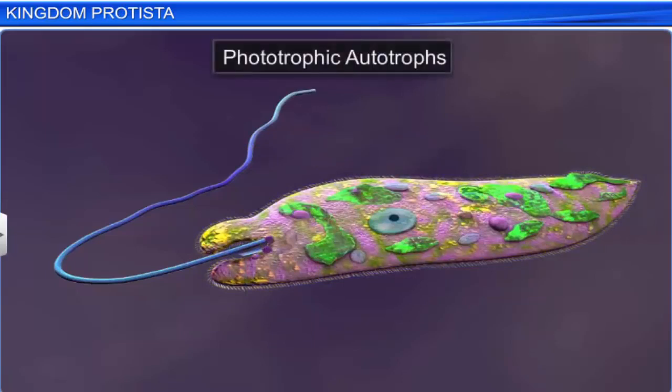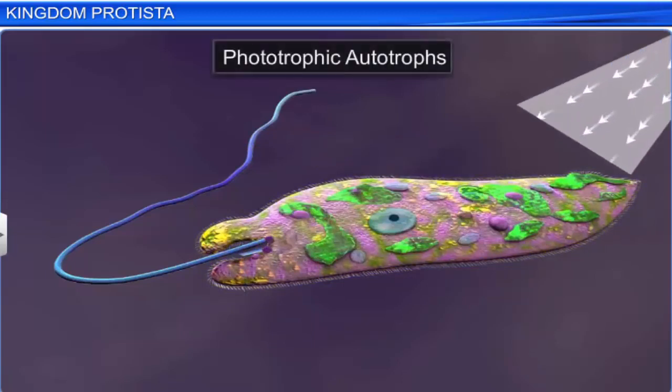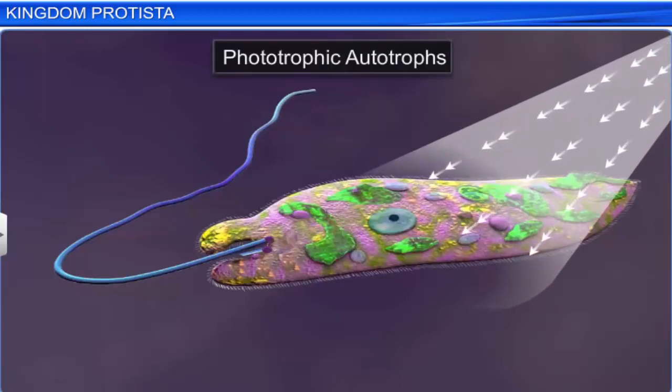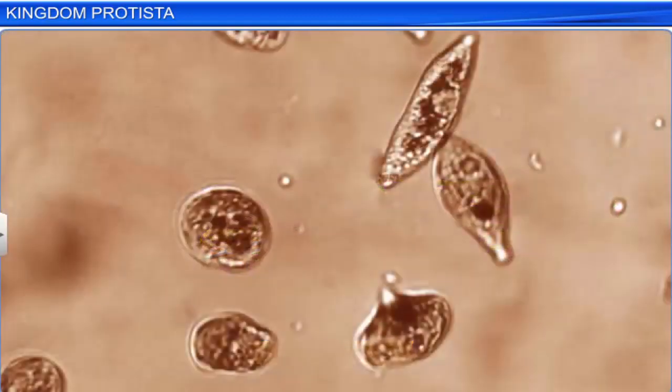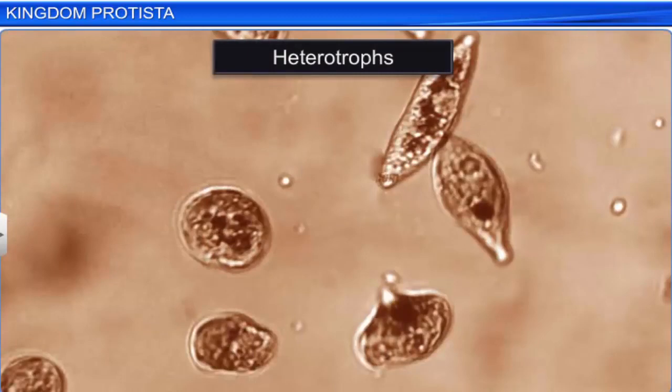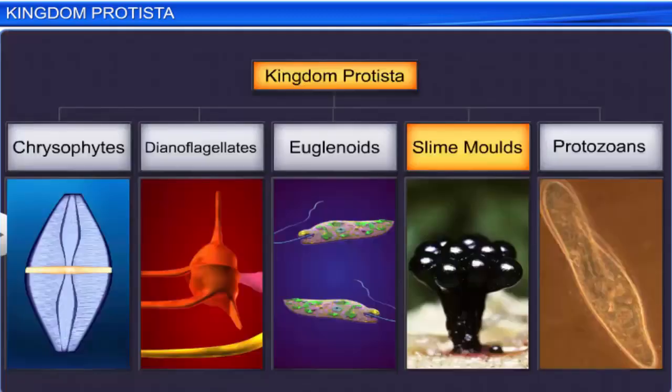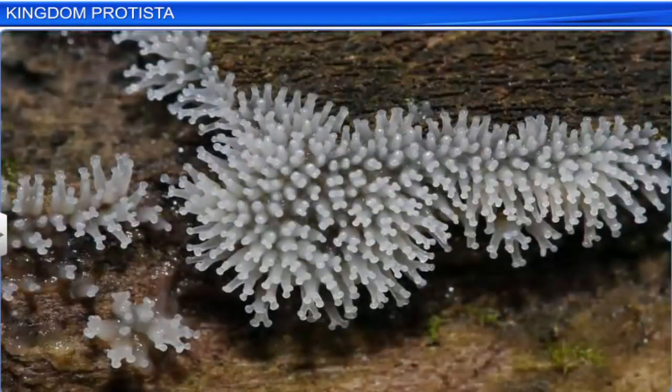Euglenoids are phototrophic autotrophs in the presence of sunlight, since they also have chloroplasts, like plants. However, they behave as heterotrophs in the absence of sunlight. Slime molds are saprophytic protists, that is, they live on dead organic matter.